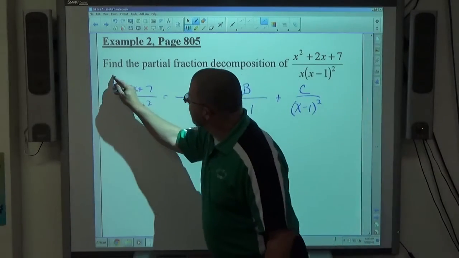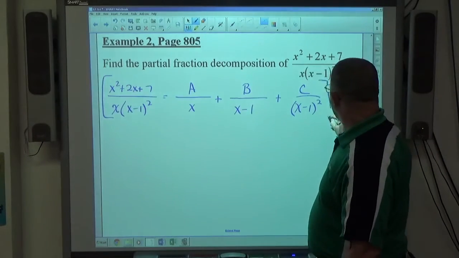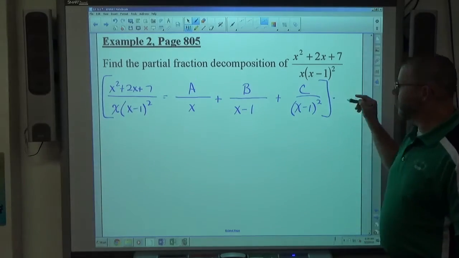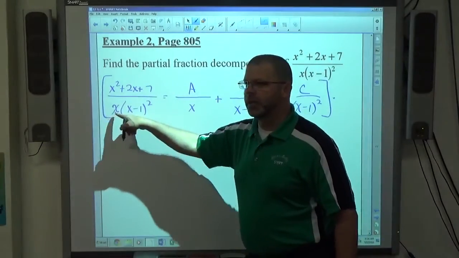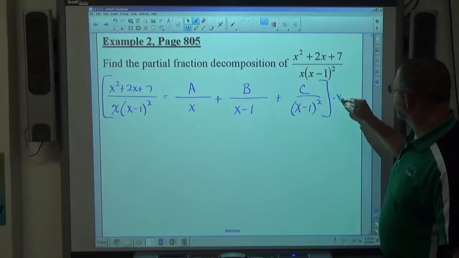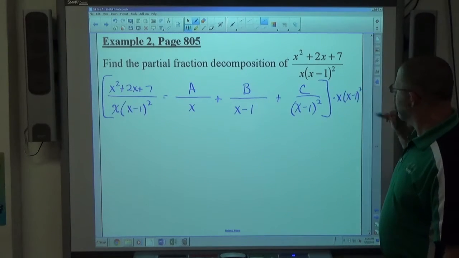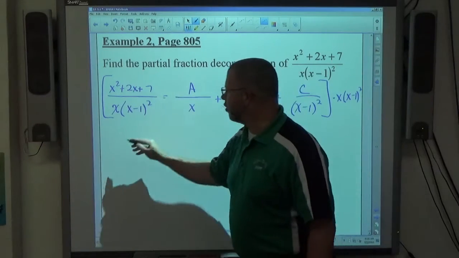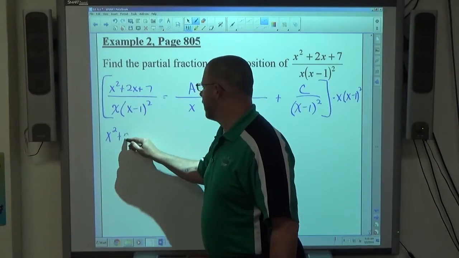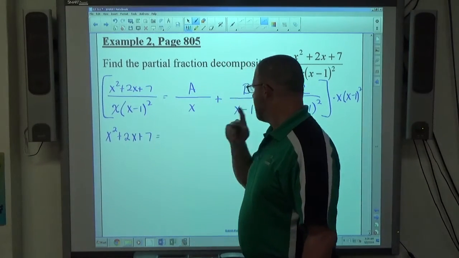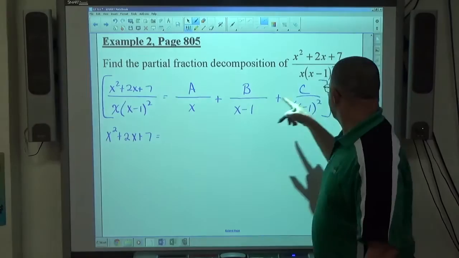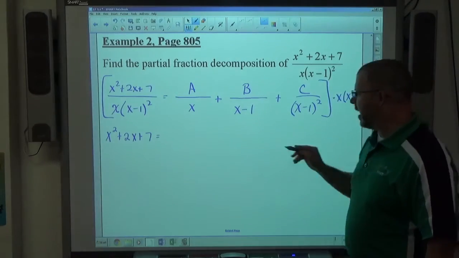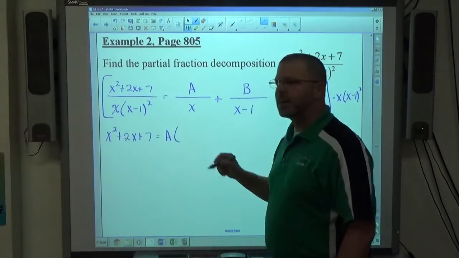Once I've done that, now it's just a matter of multiplying everything times the least common denominator, which again is always just whatever this one is over here: x times x minus 1 squared. So the first object just becomes the numerator, x squared plus 2x plus 7. A over x, x cancels x, so I'm going to get A times x minus 1 squared.